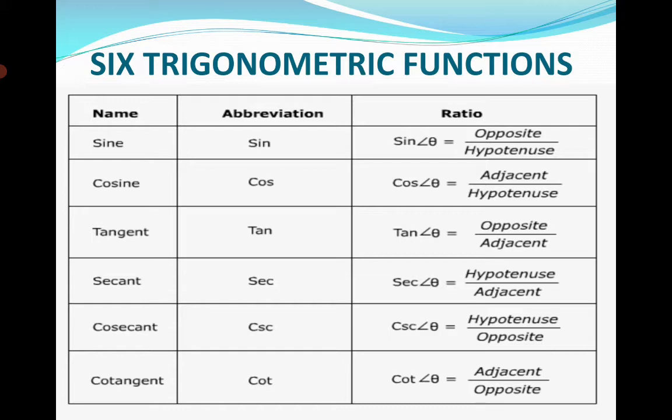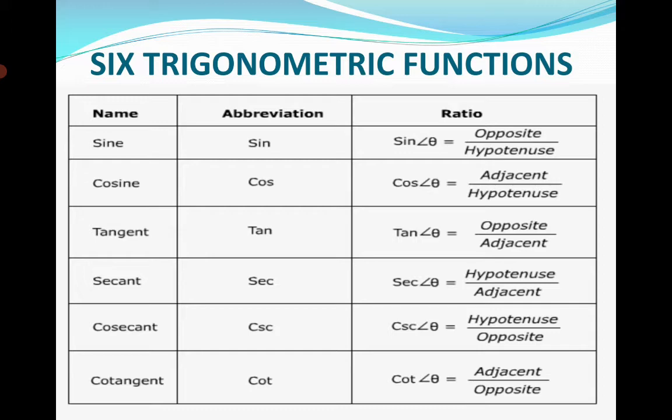Cosine theta is equal to adjacent over hypotenuse. Tangent theta is equal to opposite over adjacent. Secant theta is equal to hypotenuse over adjacent. Cosecant theta is equal to hypotenuse over opposite. And cotangent theta is equal to adjacent over opposite.